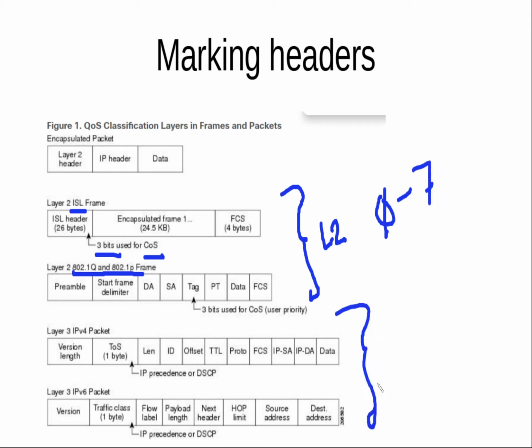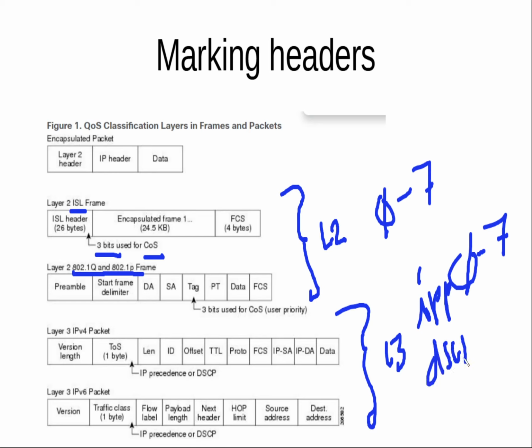And for layer 3 marking, we can use IP precedence that provides us with 3 bits as well. So we can go from 0 to 7, or with DSCP that actually provides us with the capability of using 0 to 63. Although we are going to see that DSCP provides fewer available values.